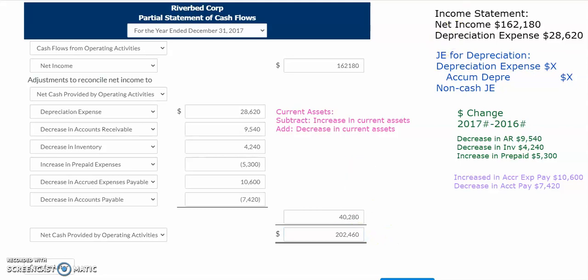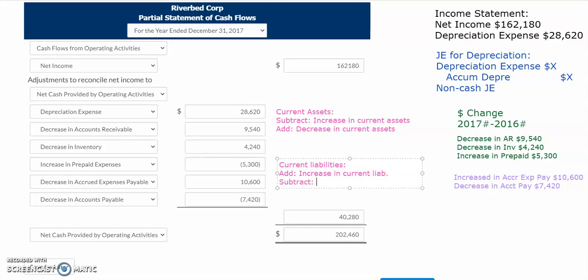So one quick note I wanted to add was for the current liabilities. When we have an increase, then we're going to add, and the opposite will hold true when you have a decrease.